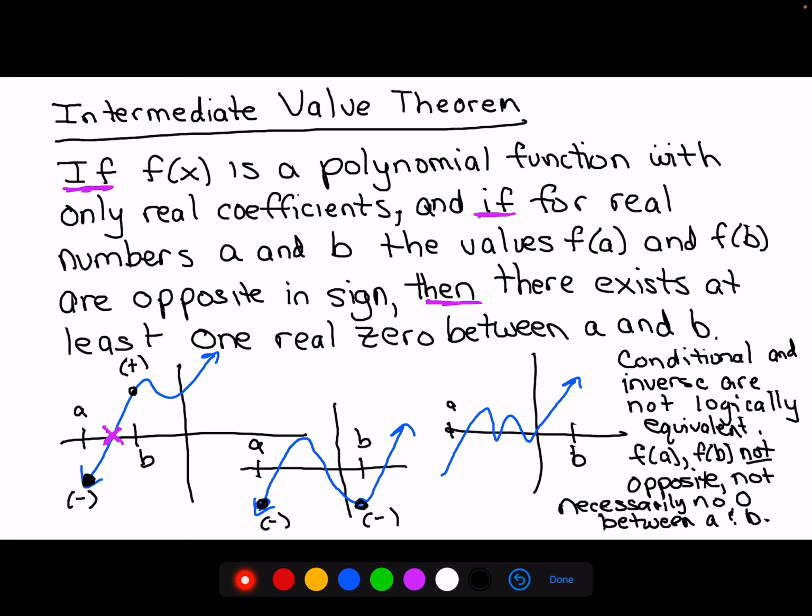So f at a and f at b are not opposite, but notice there are still zeros in between. So just because they're not opposite, you can't conclude there's no zeros. But if they are opposite, you do know that there's at least one zero in between them. So that's what this intermediate value theorem is all about.